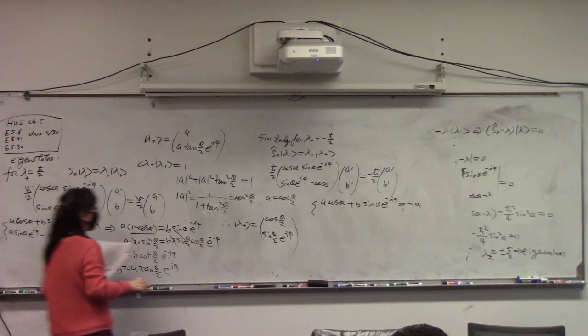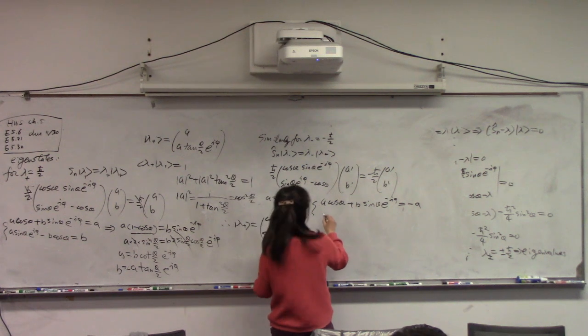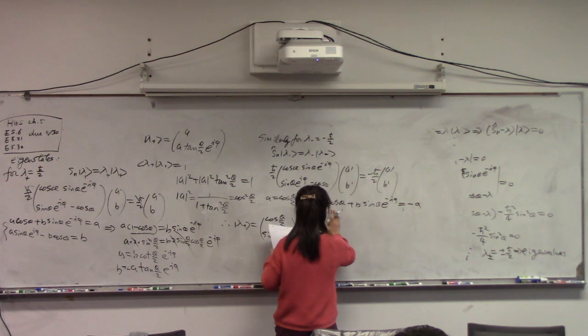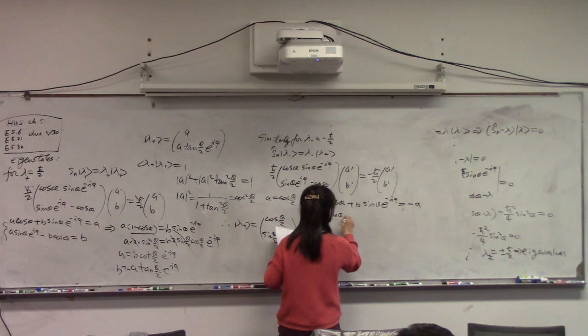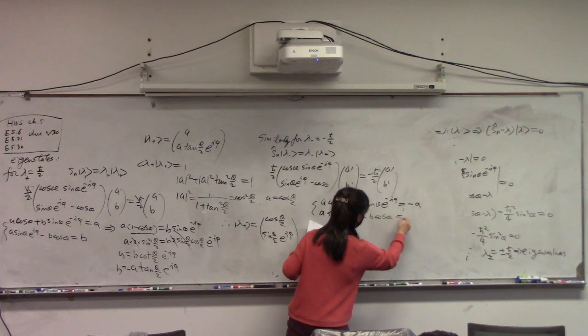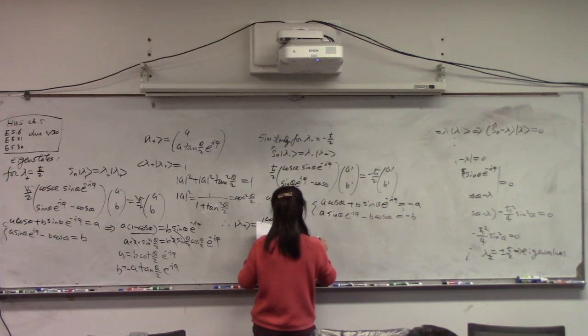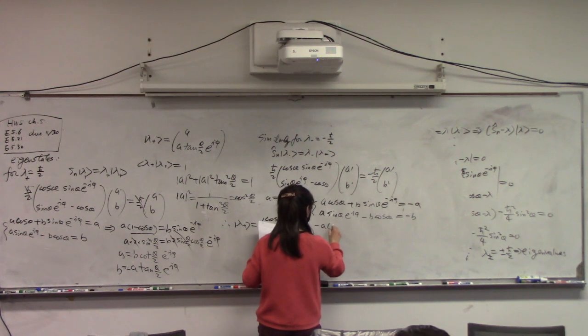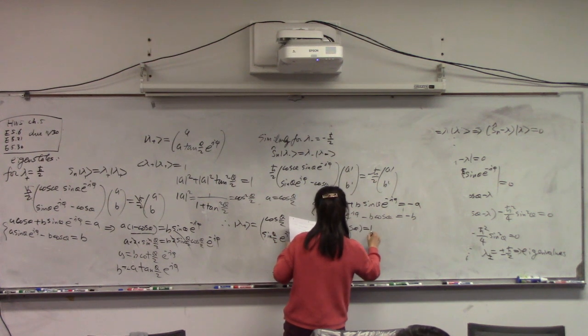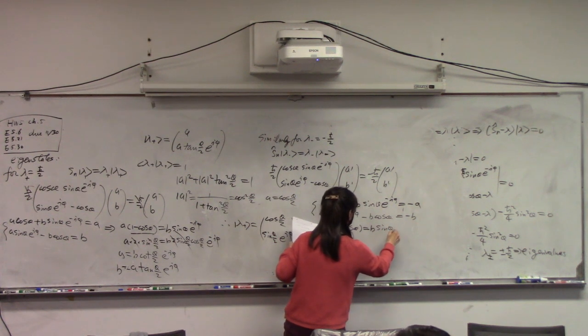This part is the same, and this is A sine theta exponential phi minus B cosine theta equal to minus B. So we have minus A plus cosine theta equal to B sine theta exponential minus phi.